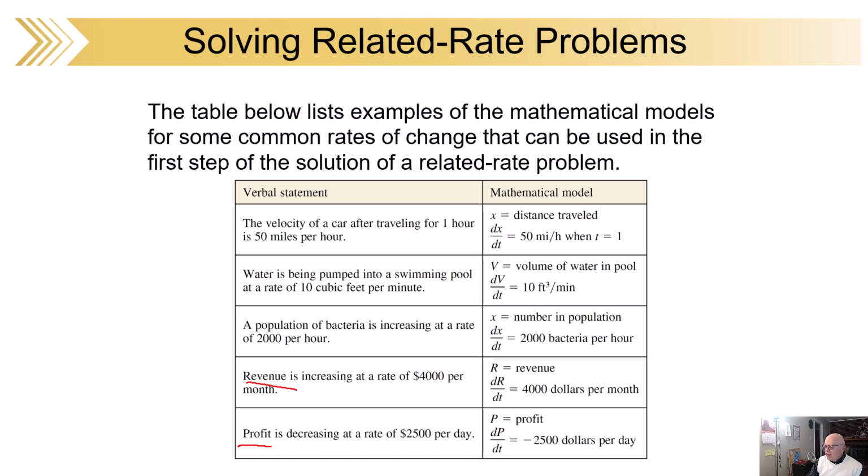It's decreasing at $2,500 per day. P represents the profit, and dP/dt is what you'd be working with. That's the negative 2,500 because it's decreasing, and it's a rate.